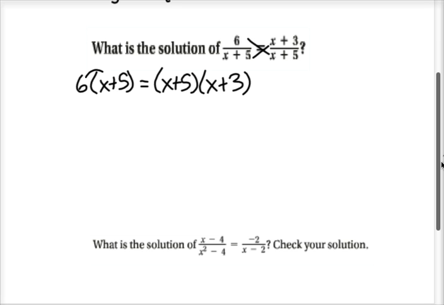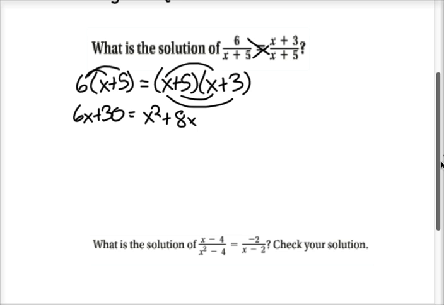Here we distribute to get 6x plus 30. Here we FOIL, so x squared, and then 5x and 3x gives us 8x plus 15. So again, our FOILing process.